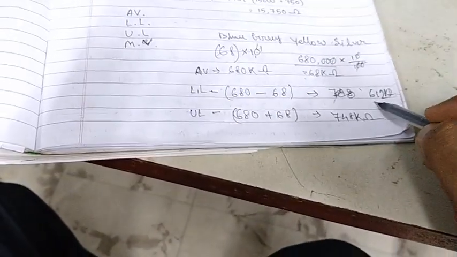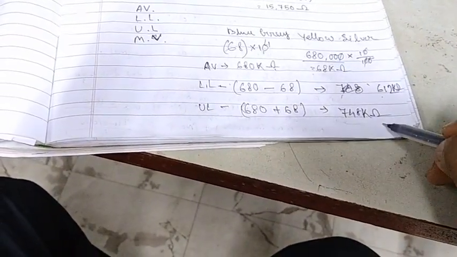So the lower limit is 612 kilo ohm and the upper limit is 748 kilo ohm.